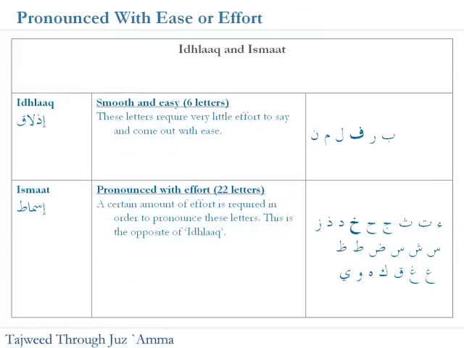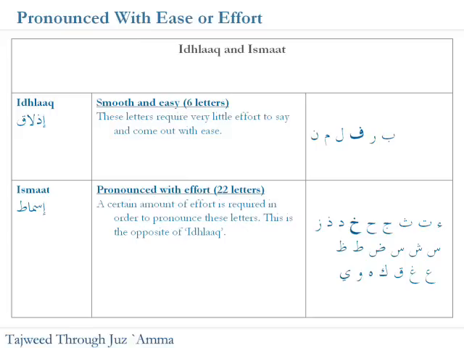Pronounce with ease or effort. So we've got smooth and easy, known as idlaq, and then we have pronounce with effort, which is ismat. The first one, these letters require very little effort to say and come out with ease. So again, the fa, if it's voweled, it'd be fa. If it's sakin, it's af, but generally it's easy to pronounce.